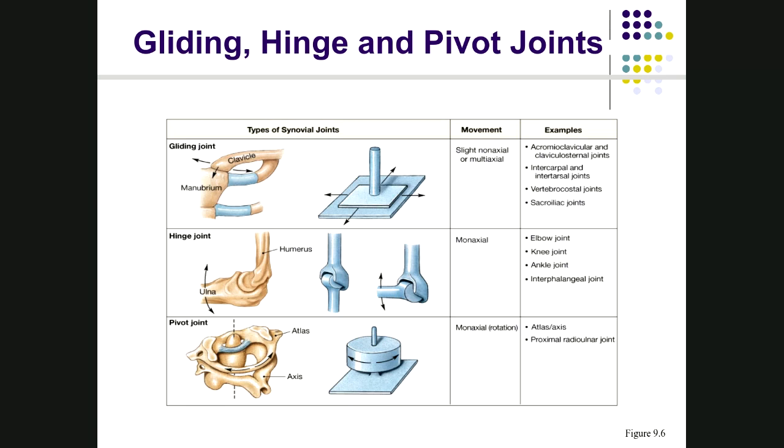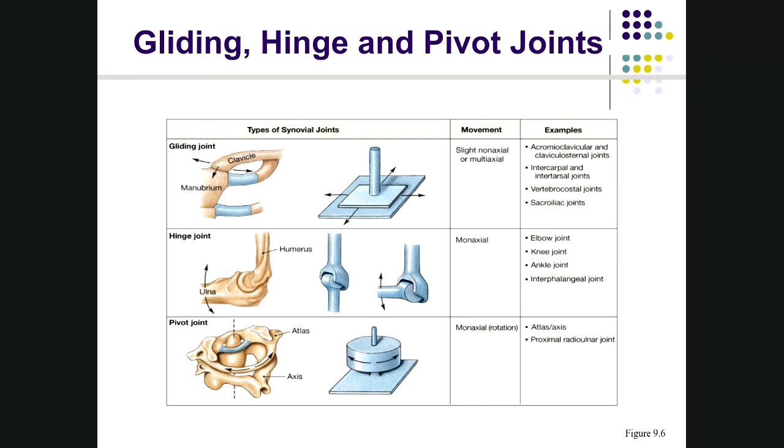And you can see that here. Some examples are the ones I mentioned, but there are also joints between the vertebrae, the sacroiliac joints, between the acromion and the clavicle, and between the clavicle and the sternum.